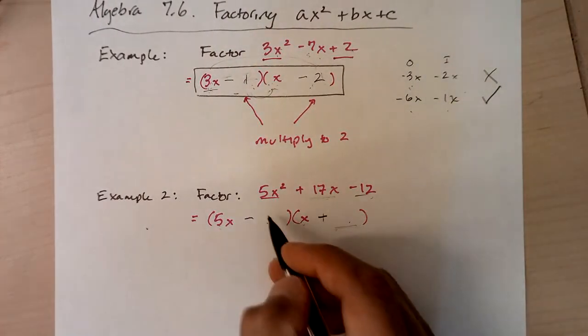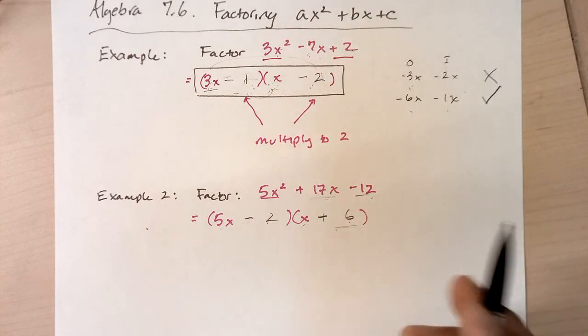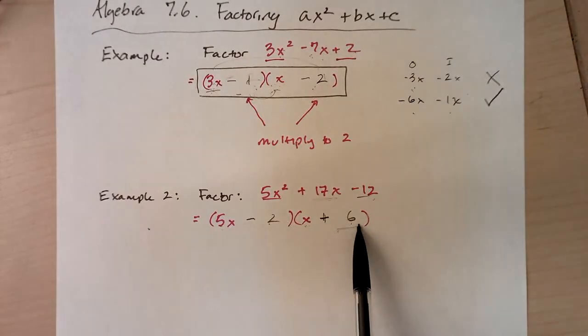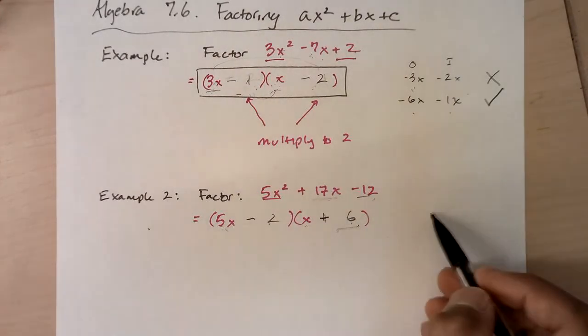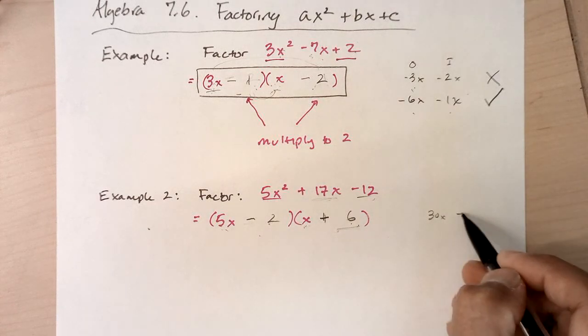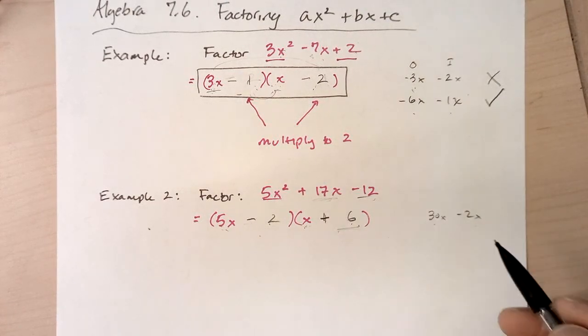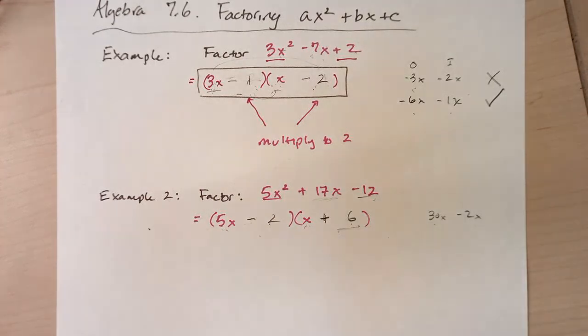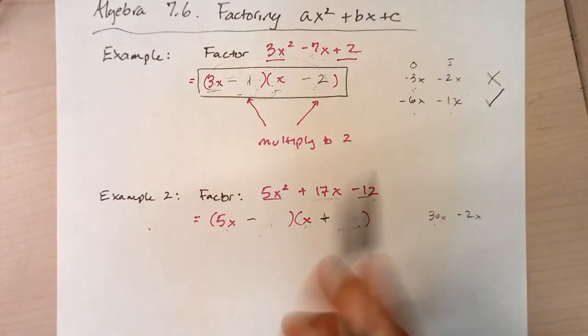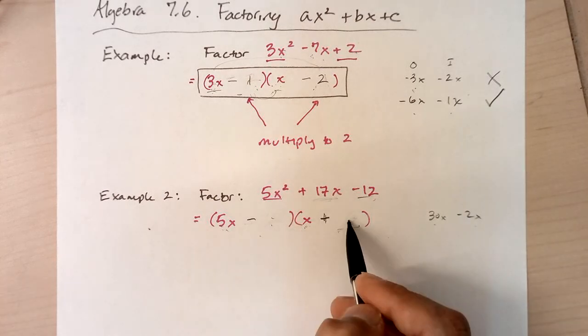If you tried certain numbers like 2 and 6, those multiply to negative 12. But if I multiply 5x by 6, that's 30x, which is outside of FOIL. Negative 2 times x is negative 2x. 30x minus 2x is 28x. That's too big. Then you could try other numbers, possibly like 4 and 3.